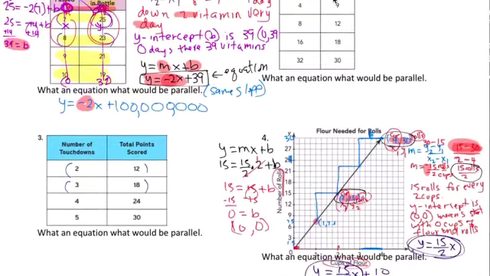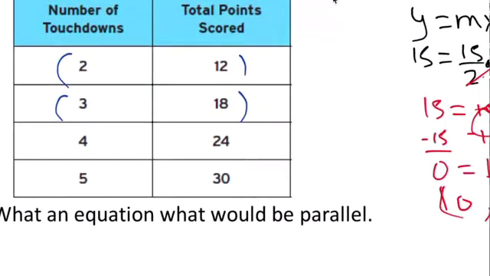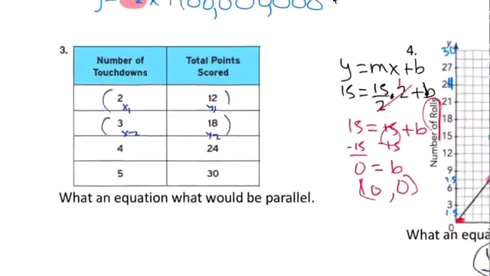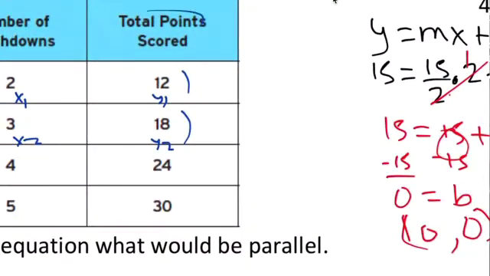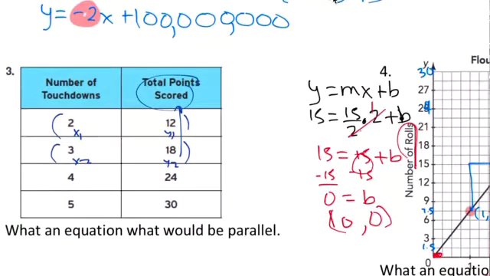Anyways, you guys, this bigger number, but x sub 1, y sub 1, x sub 2, y sub 2, and you find the slope. The y's is total points scored. So finding the slope is y sub 2 minus y sub 1 over x sub 2 minus x sub 1.